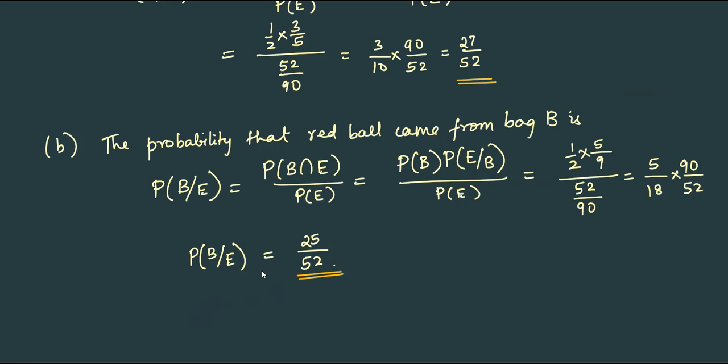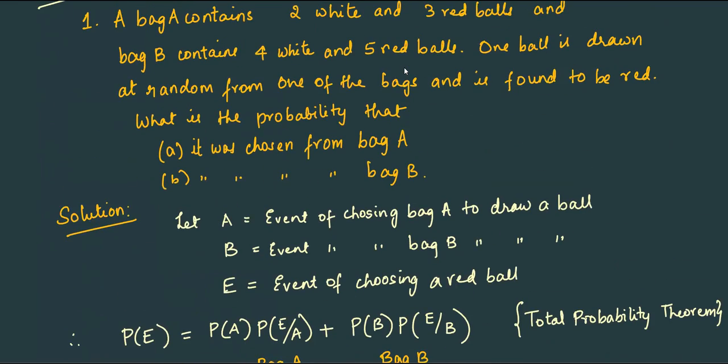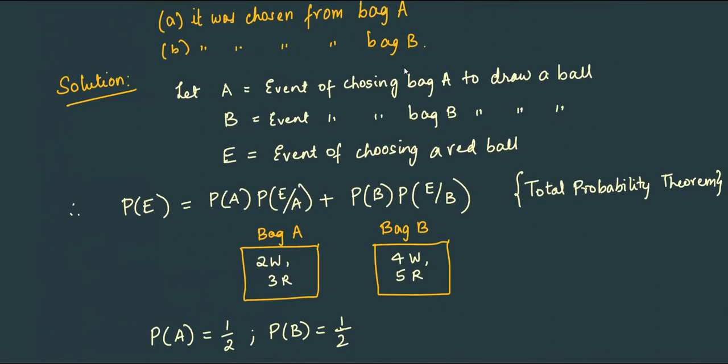Clear? Do you have any questions here? You can ask right now. Any step you didn't follow? Because this is the basic. After that, we do little more difficult problems.